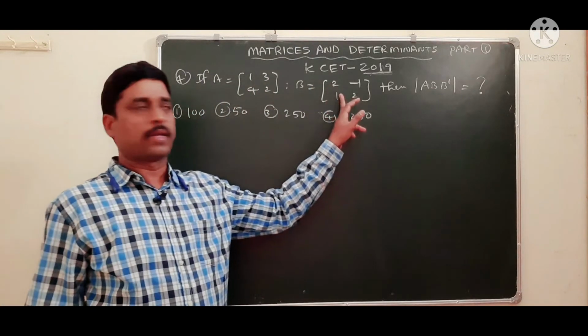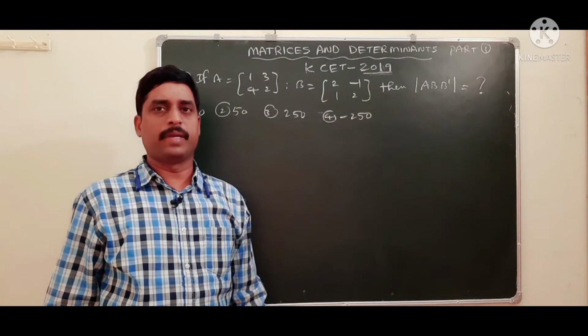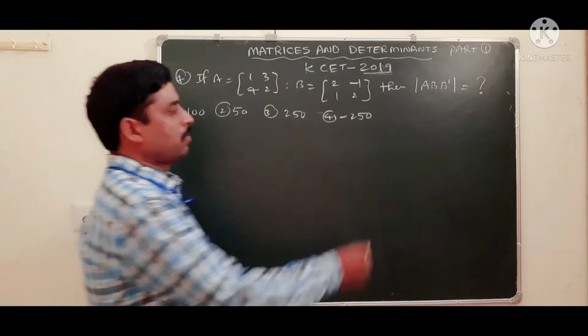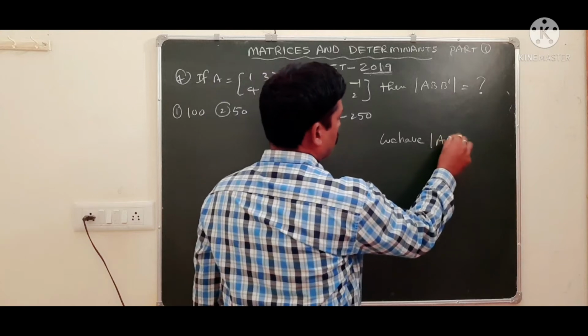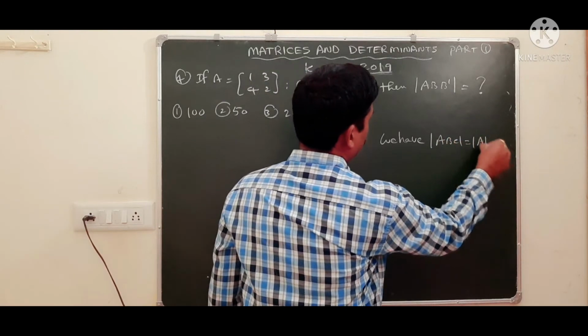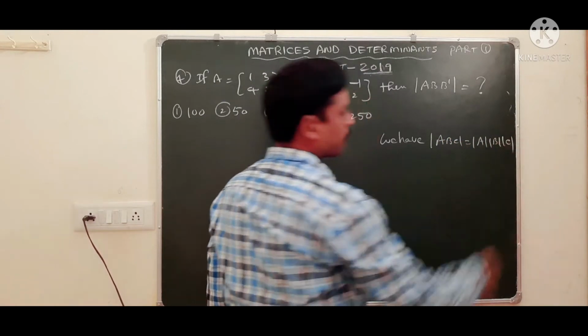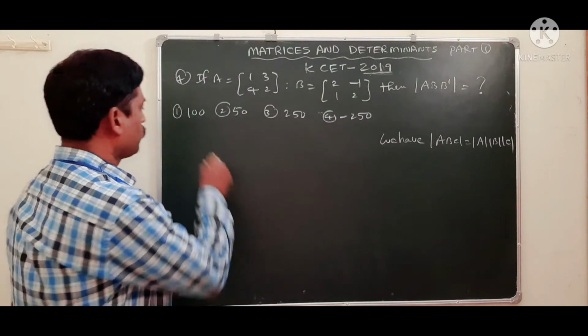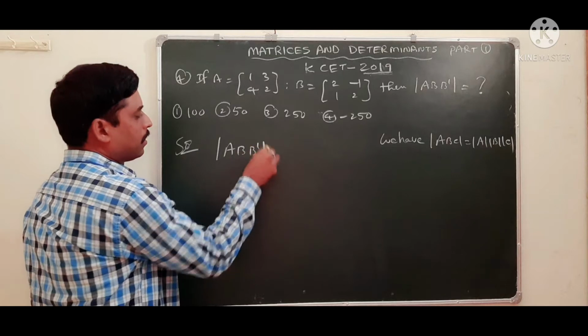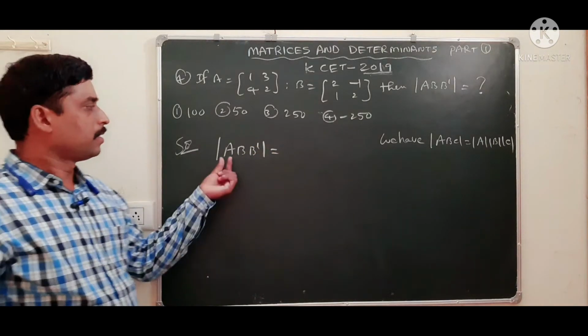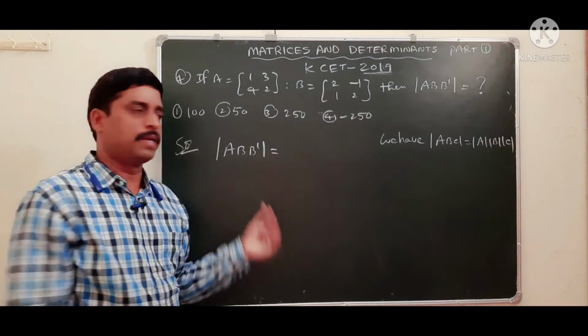Two matrices A and B are given, and we have to find the determinant of A B B dash. We have det of ABC equal to det A into det B into det C. According to that formula, det of A B B dash is det A into det B into det B dash.